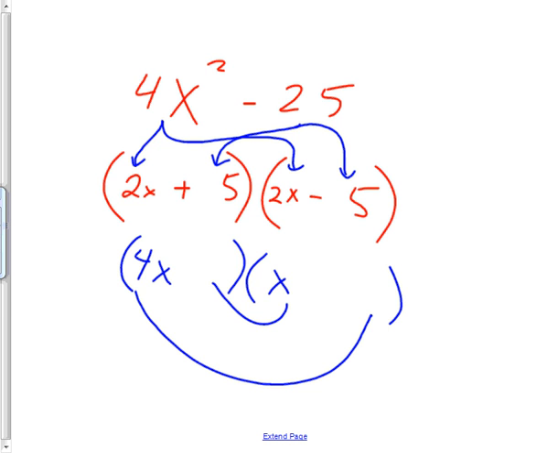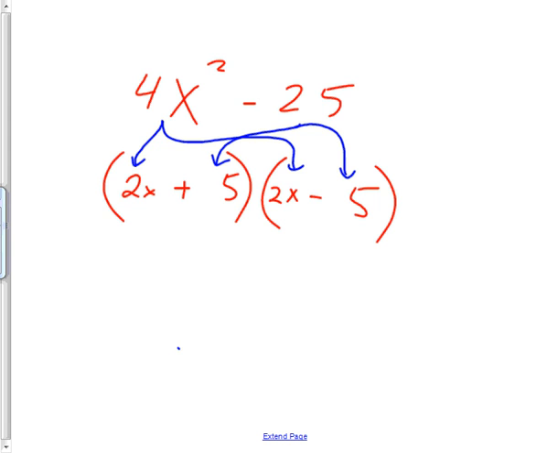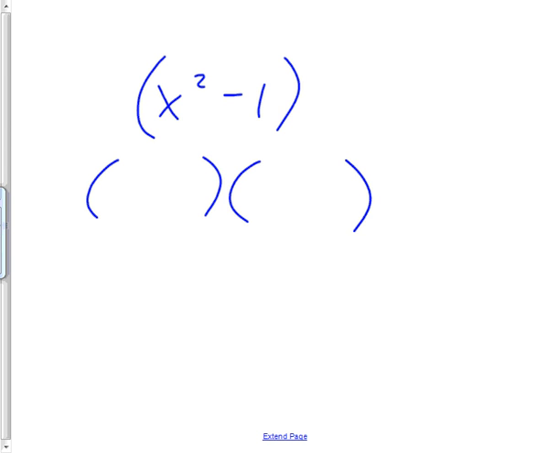All right. So here's the next one, which is really confusing for people sometimes. It's just plus 1 and minus 1, right?